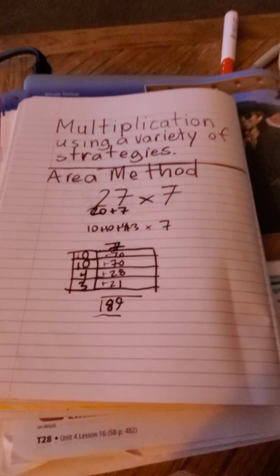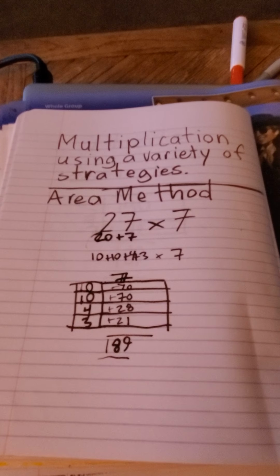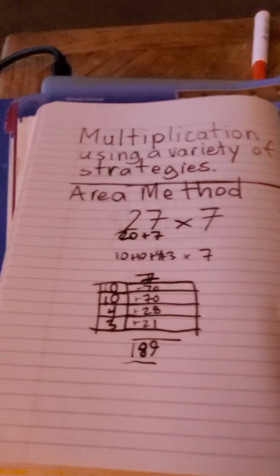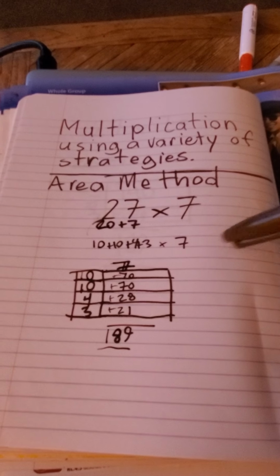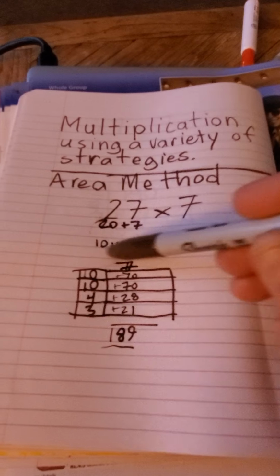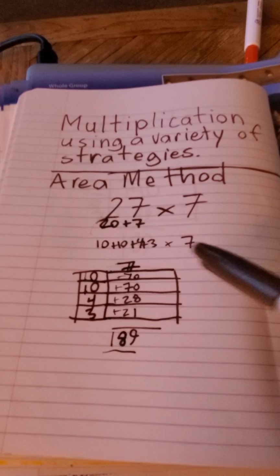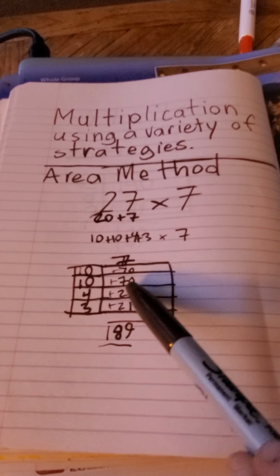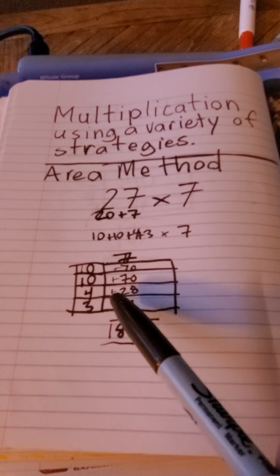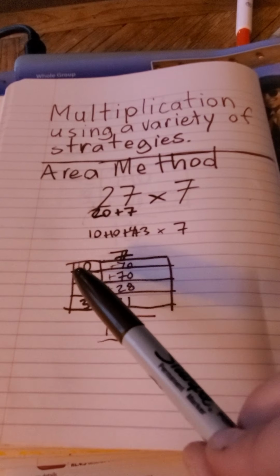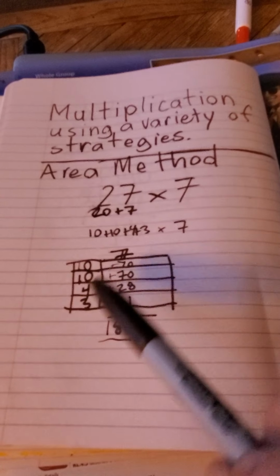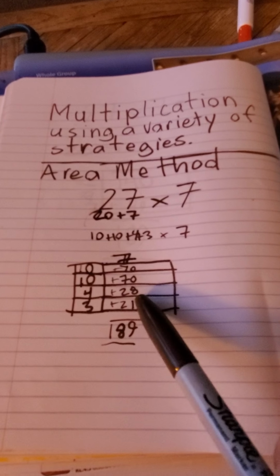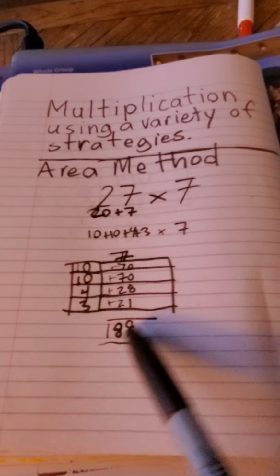All right, everybody, let's review what we've done. We have remembered that we can use the area method to break numbers down into very small figures if we need to. Just remembering to multiply each number by the other factor, put the numbers in each box, whatever we have decomposed, and then add them.